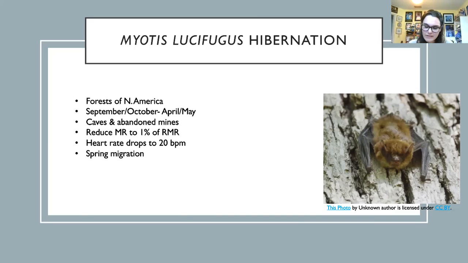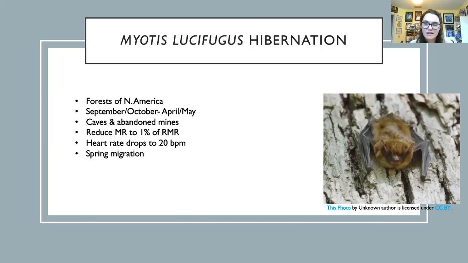They enter this hibernation around September, October. It depends on the gender, so I believe the females will enter hibernation earlier than the males will. And they emerge from hibernation in April or May. And they do this in caves or abandoned mines.